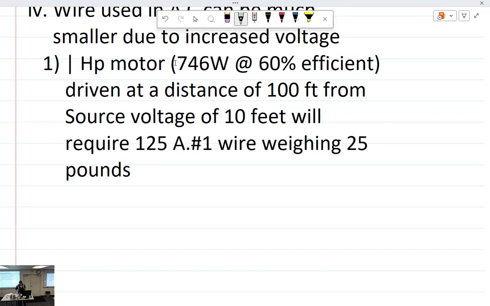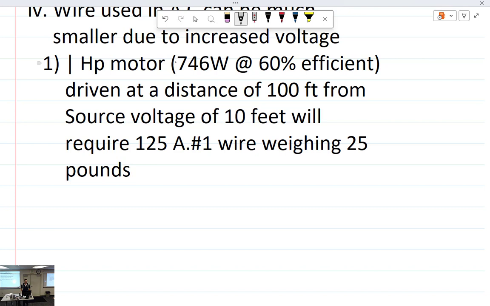So the wire length is 100 feet. The source is a 10 volt battery, 1 horse motor, 60% efficient, needs 125 amps.